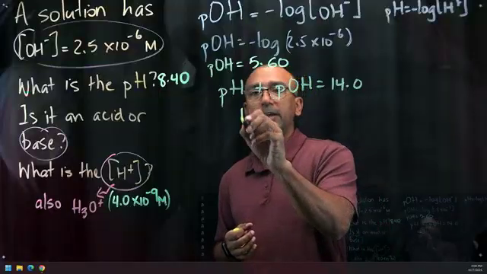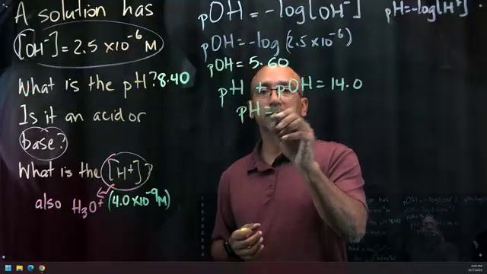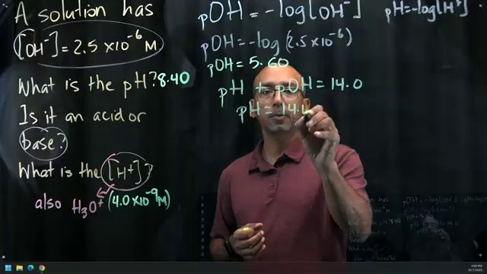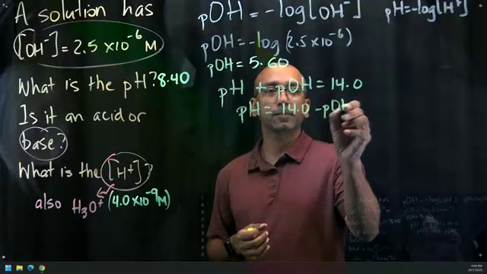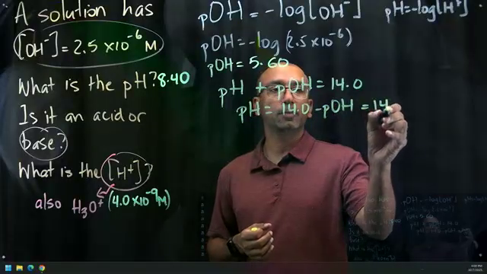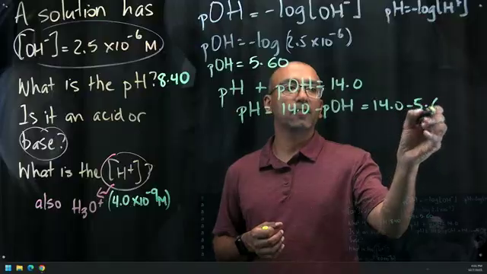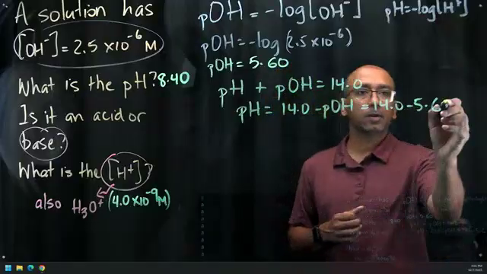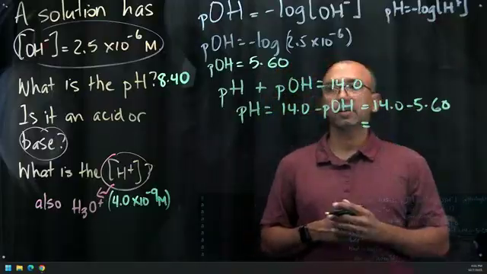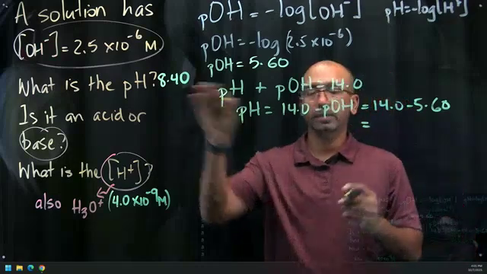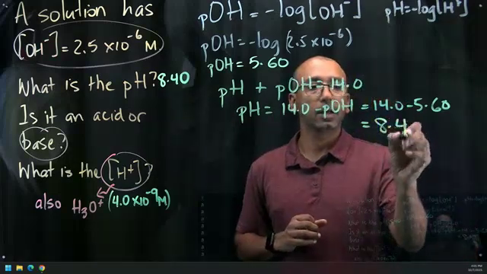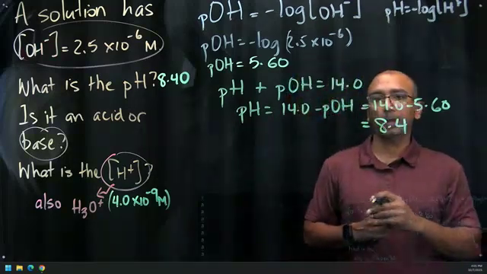I need to find the pH. Simple math would tell us that the pH here would be 14.0 minus the pOH. So that's 14.0 minus 5.60, and that gives me the exact same value, 8.4, as my pH.